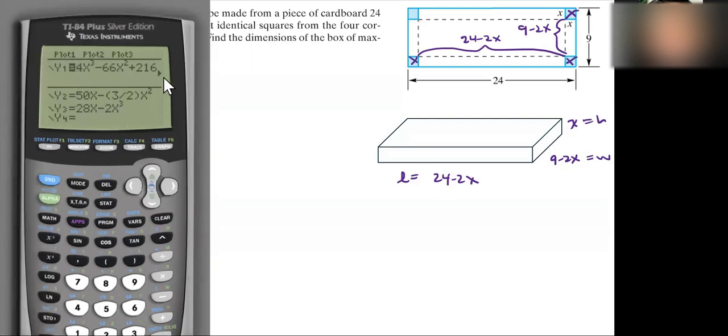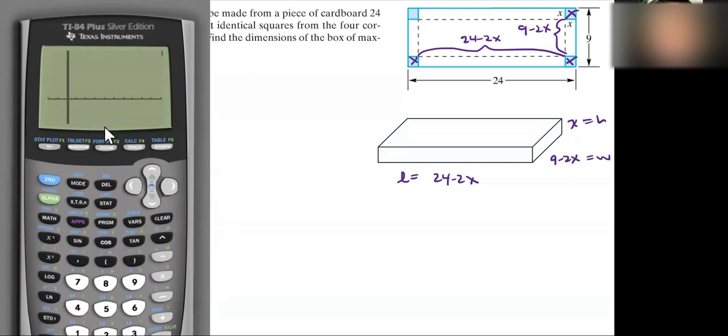I already typed that information in on my Y1. If I just hit zoom 6, it's not going to give me a very good graph, so I need to change my window so I can see my whole graph. My window here has -2 and 10 as my X min and X max, and -50 and 100 as my Y min and Y max.